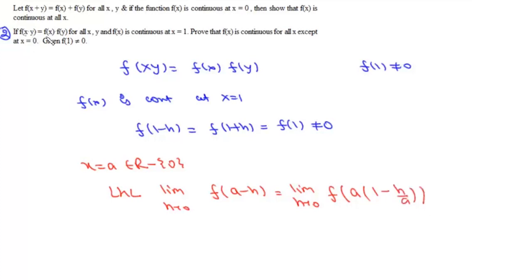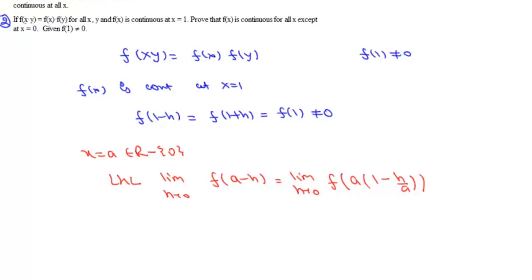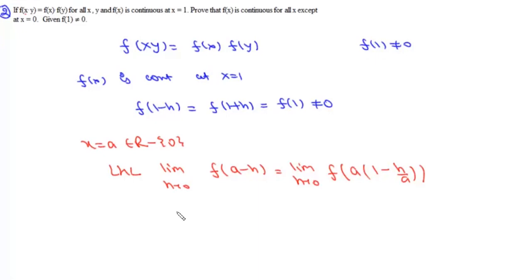Now f(x·y) is f(x) into f(y). So we'll write this as limit h tends to 0 f(a) into f(1 minus h upon a). Now f(1 minus h upon a) is the left hand limit at 1, which is f(1-h), and it will be equal to f(1). So this is f(a) into f(1).